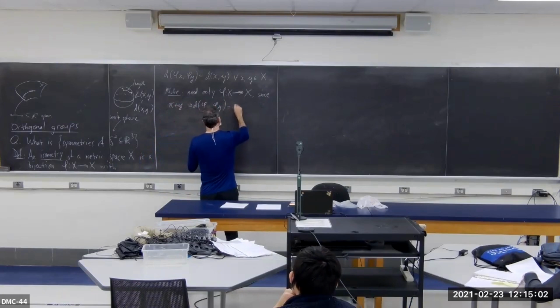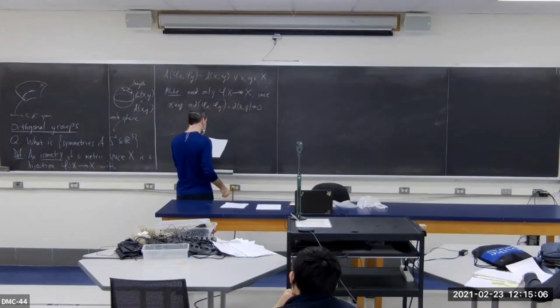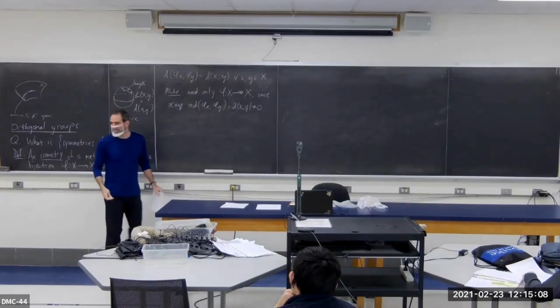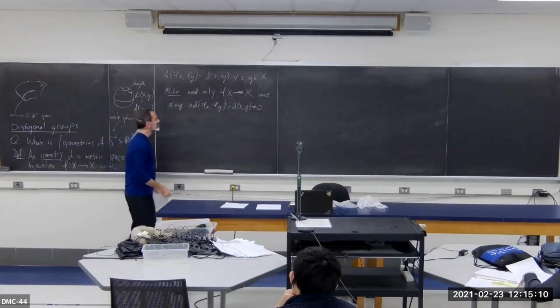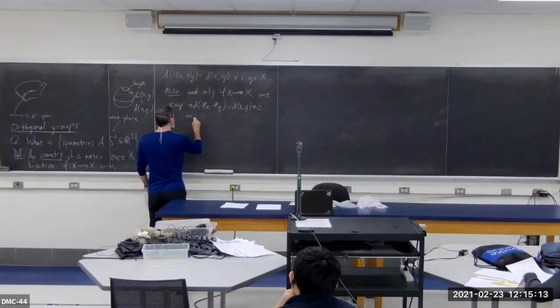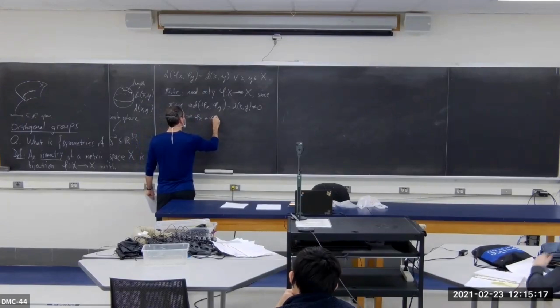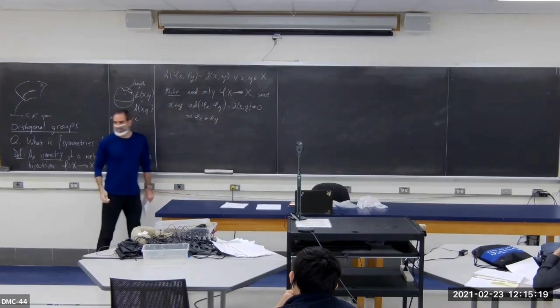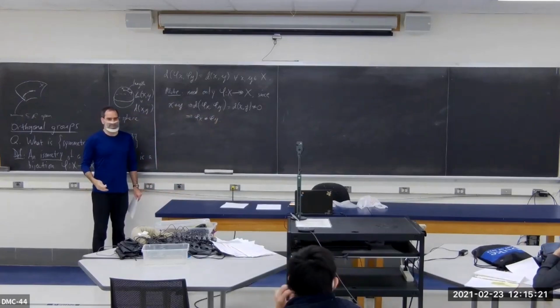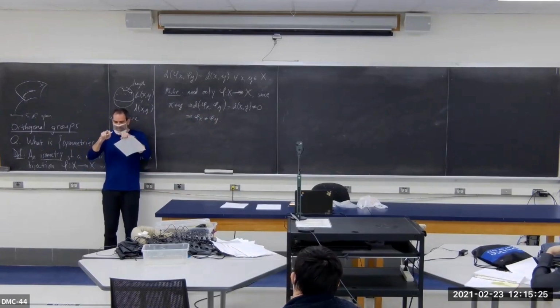That's going to be the distance from x to y, which is not 0, because x is not equal to y and this is a distance. This implies that phi of x is not equal to phi of y. So it's automatically injective. A function that preserves the distance between x and y preserves the fact that x is not equal to y.